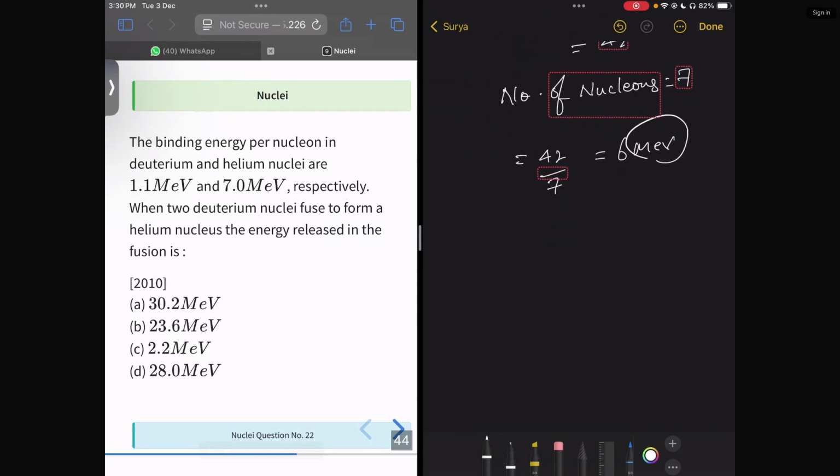Next question. The binding energy per nucleon of deuterium and helium are 1.1 and 7.0 MeV respectively. When two deuterium nuclei fuse to form a helium nucleus, what is the energy released in the fusion? So they are given the binding energy of deuterium as 1.1 million electron volt, and the binding energy of helium is 7.0 million electron volt per nucleon.